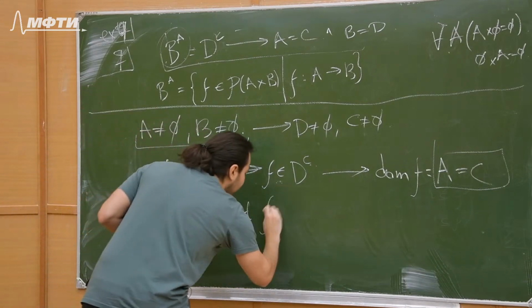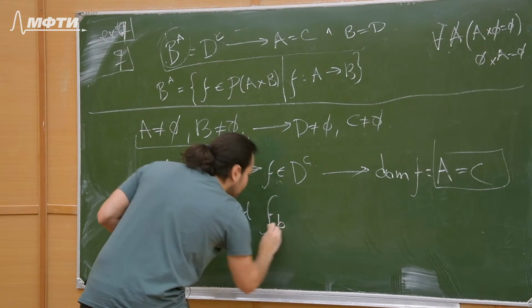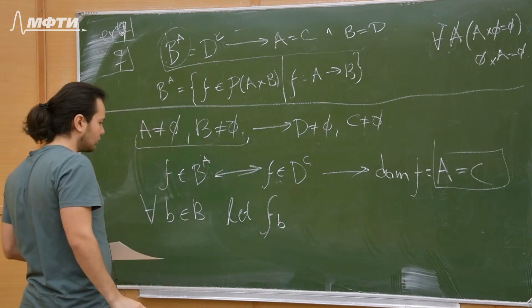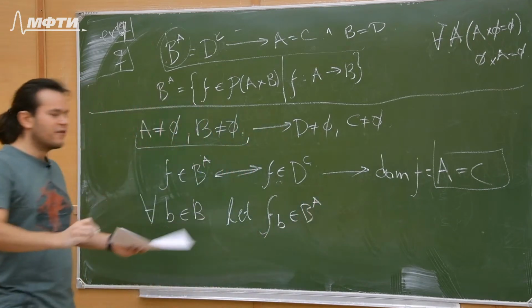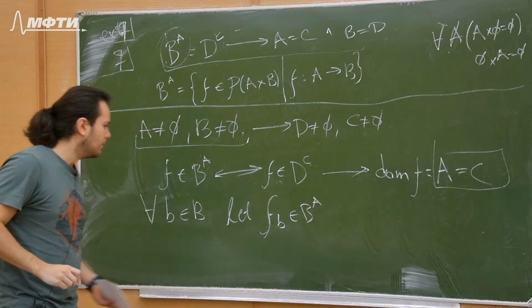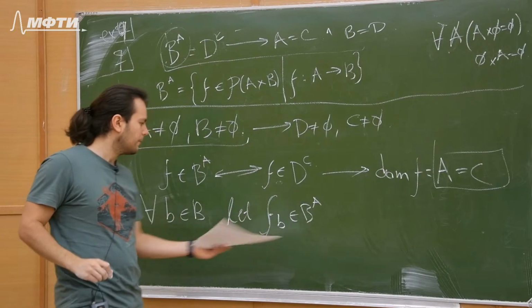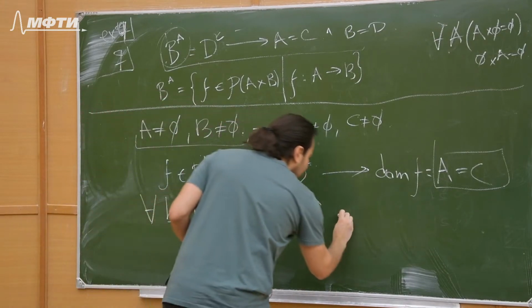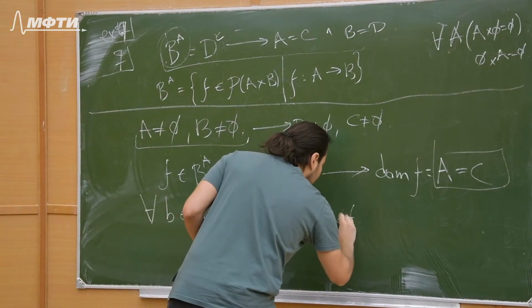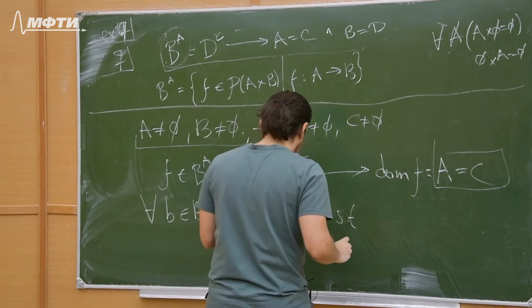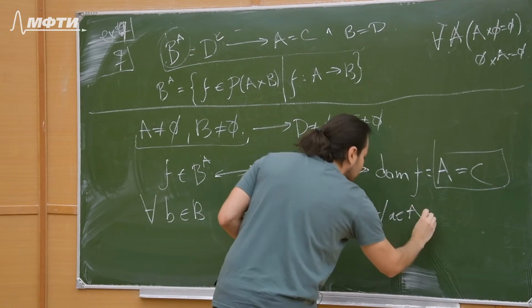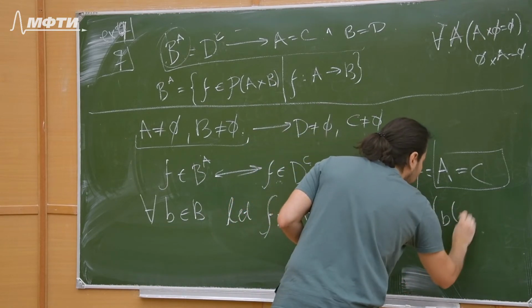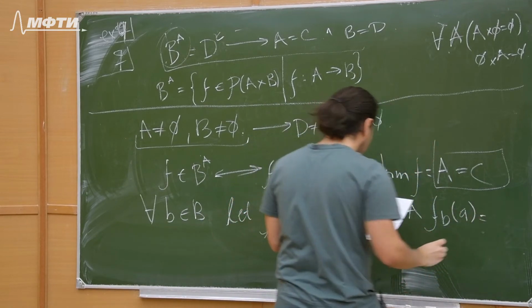Let's define the following function f sub b. Okay, so this is a function from A to B. And this is a function such that for every element in A, f sub b of a is just equal to b.